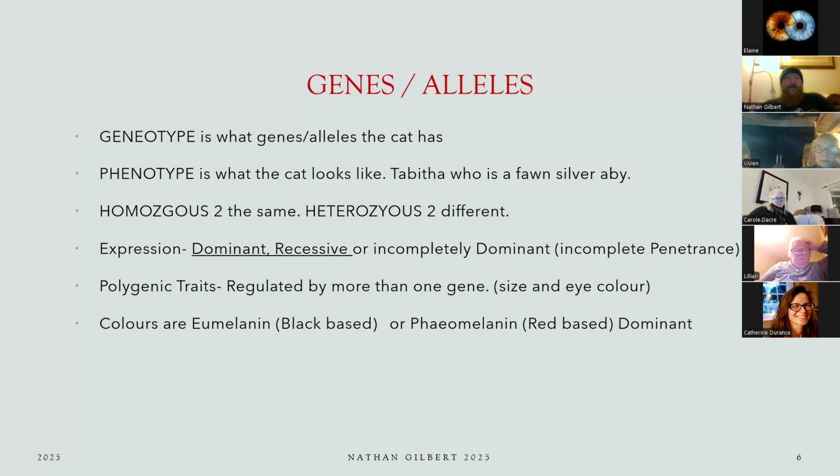It's more rare. There are some polygenetic traits. Most of these are either known or suspected, but not yet fully mapped. And examples of these in cats are size and eye color. So you can mate 2 small cats together and potentially get some quite large offspring, and it's because there's more than one gene that governs that.